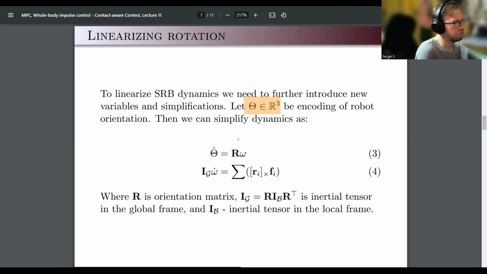In this case, I think it is fair to say that this is Euler angles. Now, we say that the derivative of those parameters would be connected to angular velocity in a linear fashion.